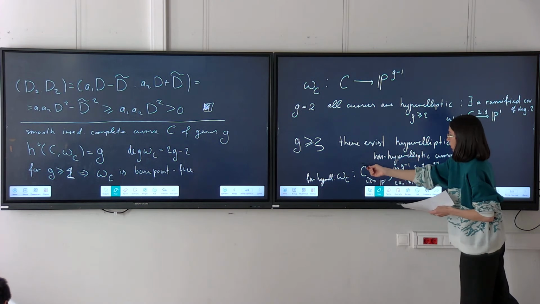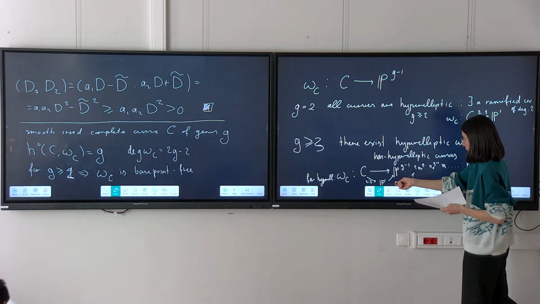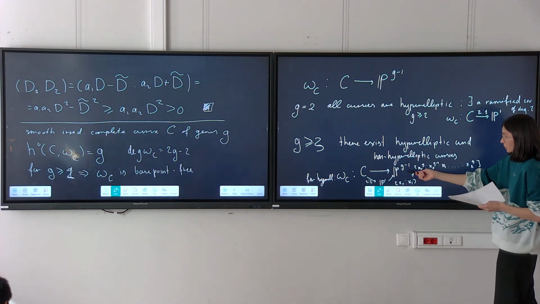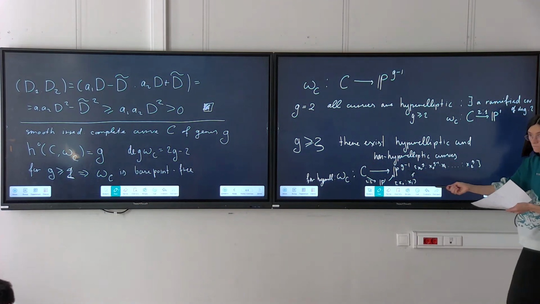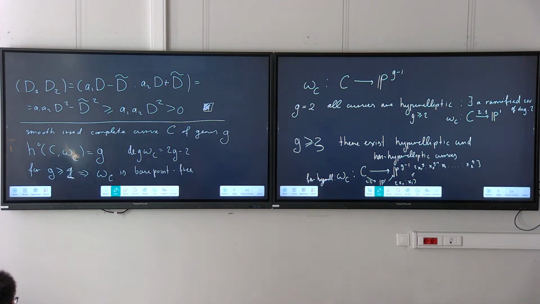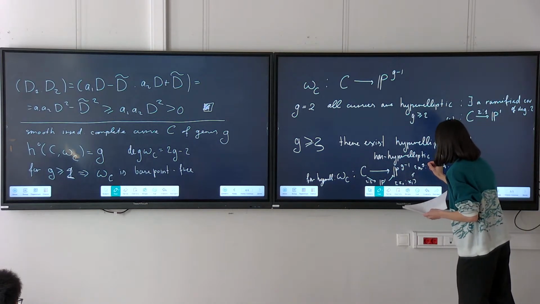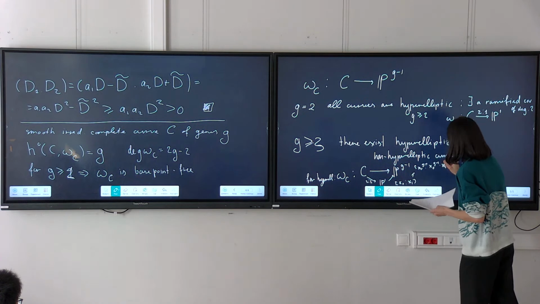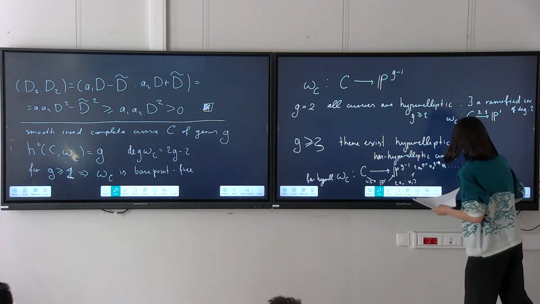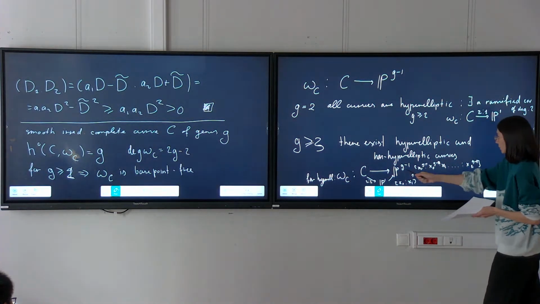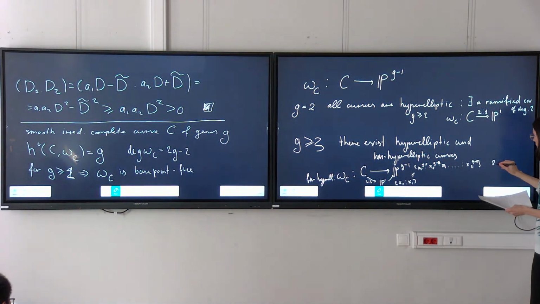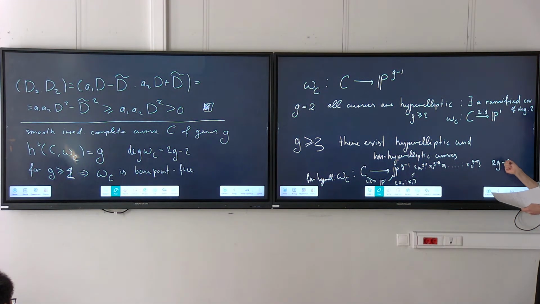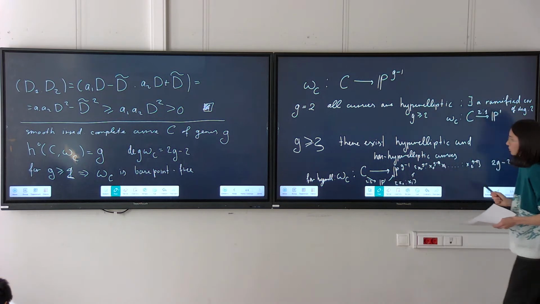This is a composition of a ramified double covering of P1 and the Veronese embedding to P^(g-1), of degree g minus 1. Right, because here we have a map of degree 2g minus 2 equal to the canonical bundle, here 2, and here g minus 1. Thank you.